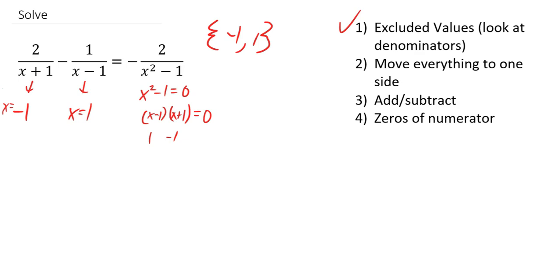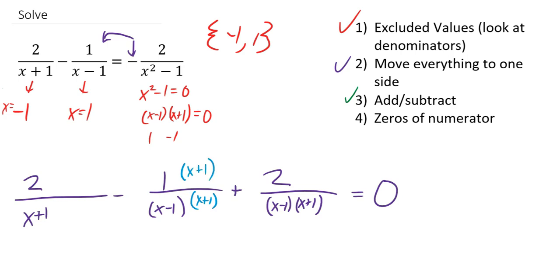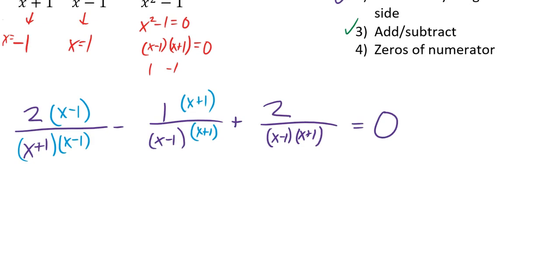Now I move on to moving everything to one side. I add and subtract. To do that, I need a common denominator. All of my denominators are now the same.